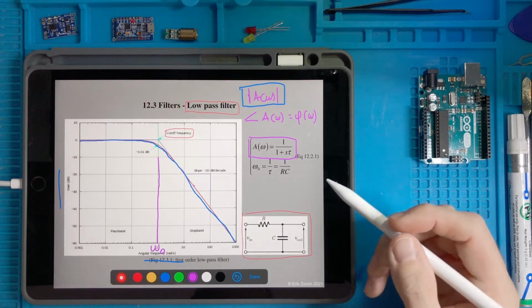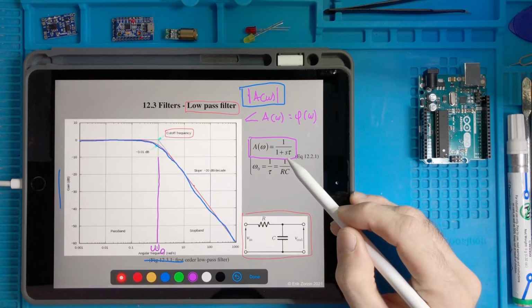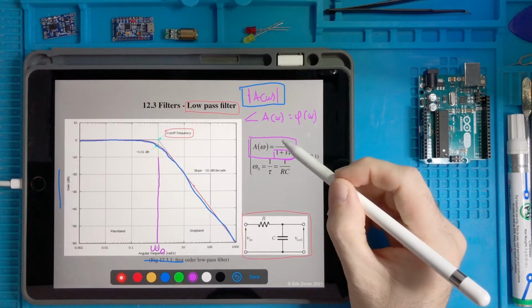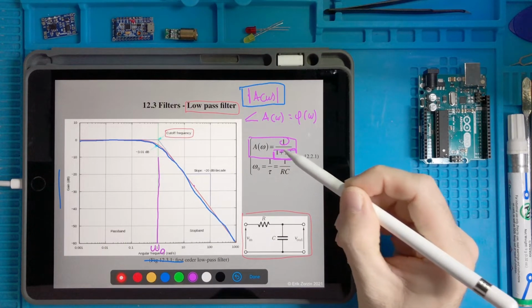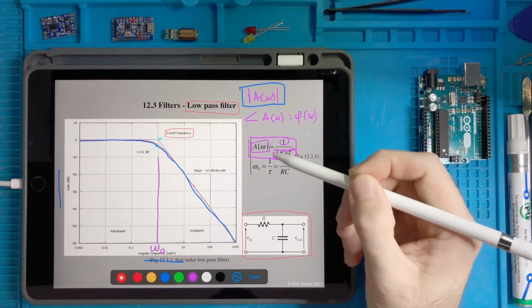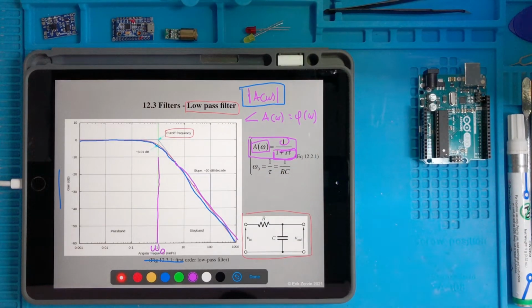So roughly, we don't do this, but if S equals I omega, the bigger the omega, the bigger the denominator. So you are dividing 1 by a number that becomes bigger and bigger, which means that this thing is becoming smaller and smaller, which is what is written here in the graph.